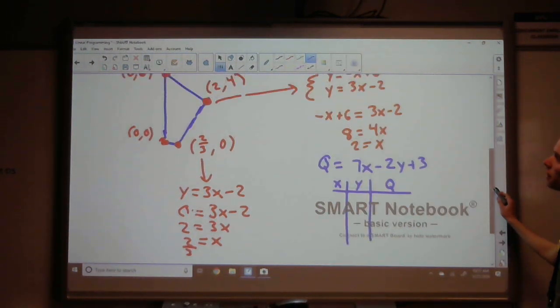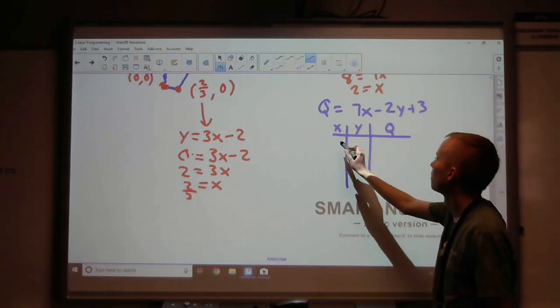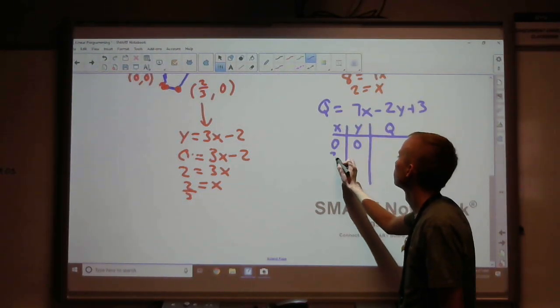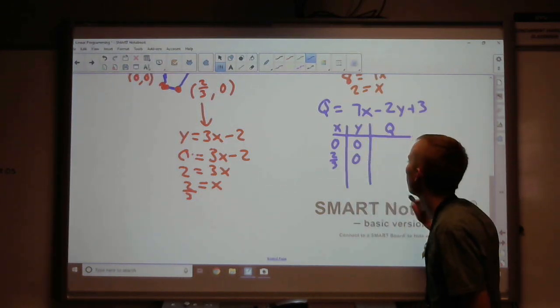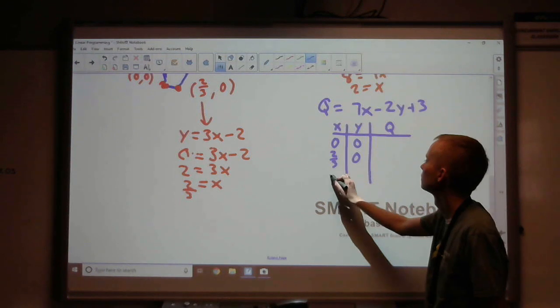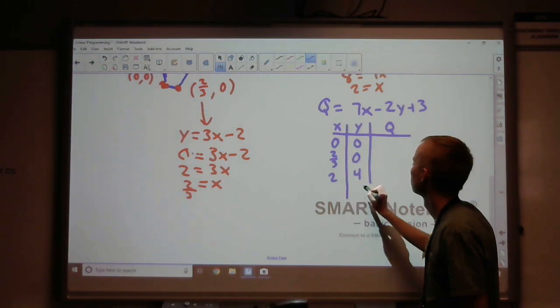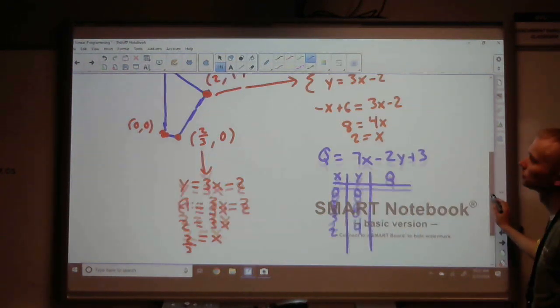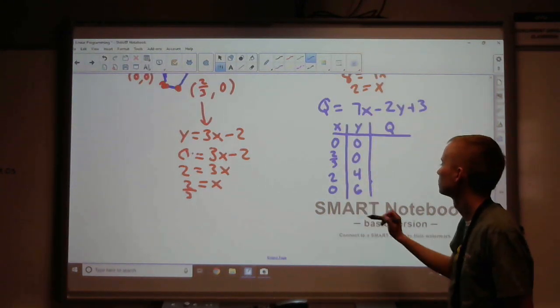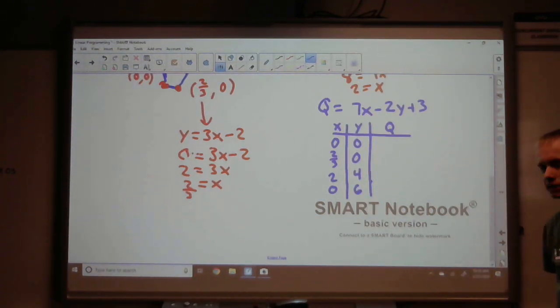So my first vertex was, we'll do 0, 0. We've got 2/3, 0. And then we've got 2 and 4. And then our last vertex was 0 and 6. Okay? So those are all our vertices here.